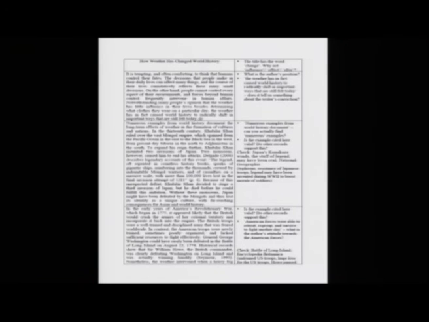So, what is the author's position here? The author's position is very clear that the weather has caused world history to radically shift in important ways that are still felt today. So, the keywords here are: radically shift, felt even today. So, this tells us something about the writer's conviction. The writer believes the effect has been very significant.